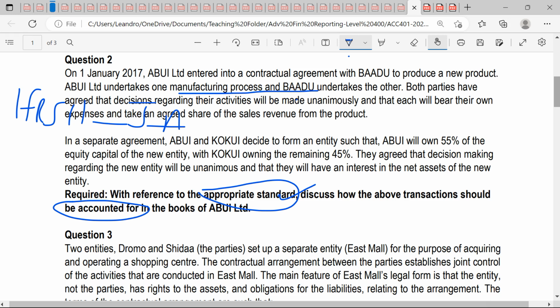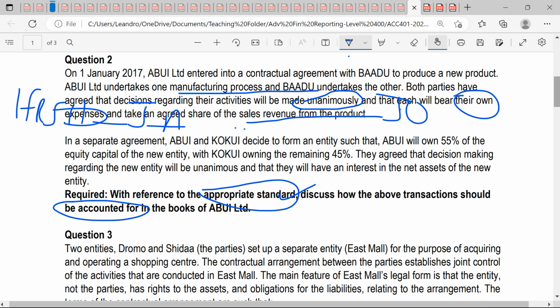Both parties have agreed that decision must be made unanimously. So the 2 of them have joint control that is established, and that they will bear their own expenses and take an agreed share of sales revenue from the product. This immediately tells you this is a joint operation. Each party is doing a bit of the business. So it is a joint operation.